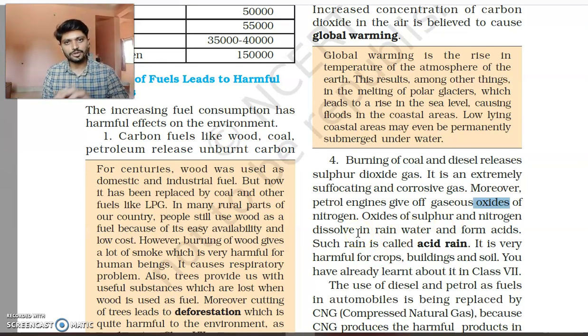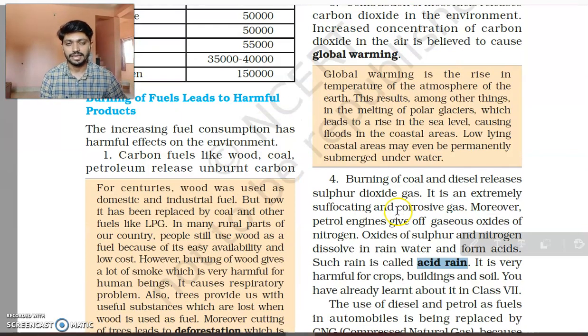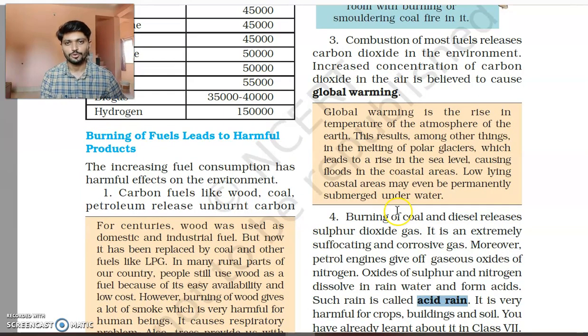It means when we add it to water, it dissolves. When they dissolve in the water vapor in the atmosphere, they form clouds. So when these clouds rain, there will be an amount of acid in the rain, and this gives rise to acid rain.